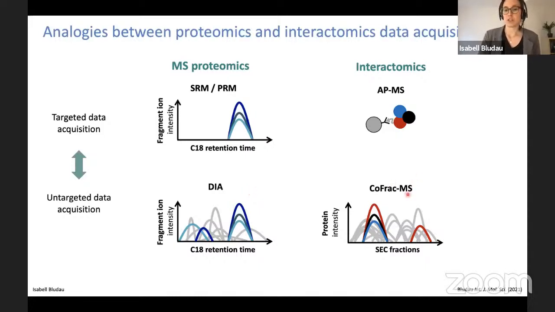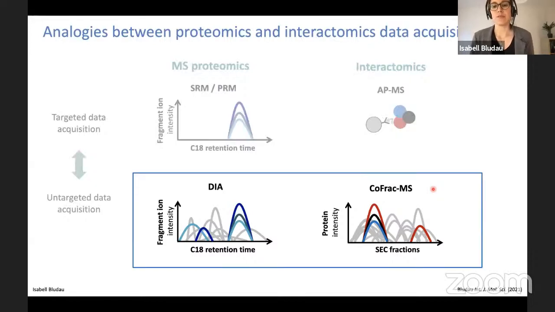In co-fractionation MS, on the interactomic side, this is actually very similar. We do the data acquisition for the entire cell together, and conceptually you will, in theory, get protein intensity profiles for all the proteins that you can detect.